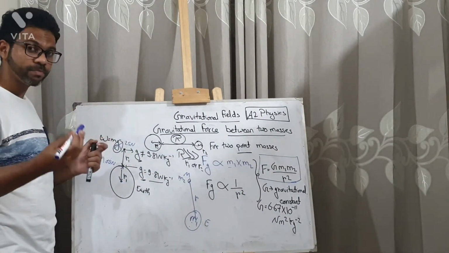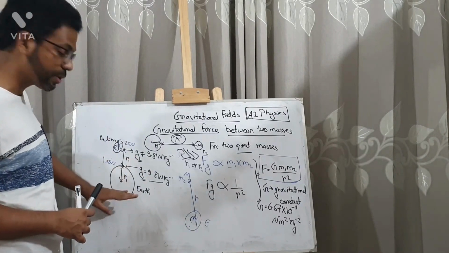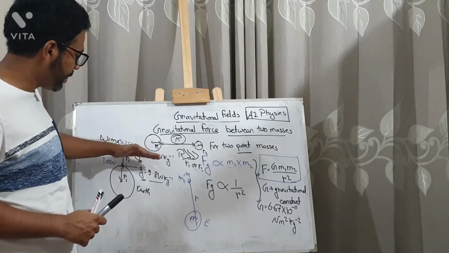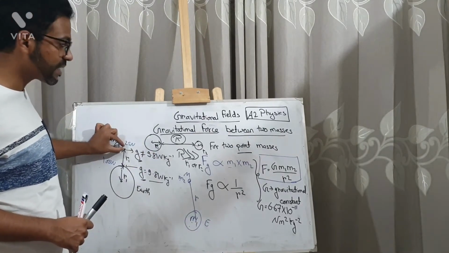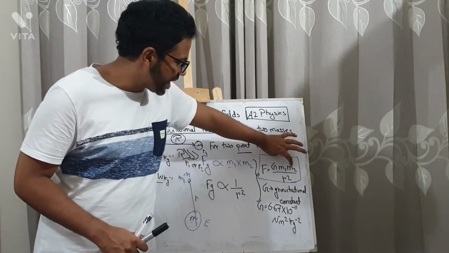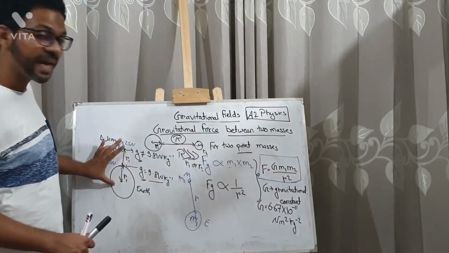There might be situations where you don't know the gravitational field strength due to a particular mass, maybe Earth, at a particular point, but you can still find the gravitational force acting on another mass placed here just by knowing the mass of that object, the mass of the Earth, and the distance between them.